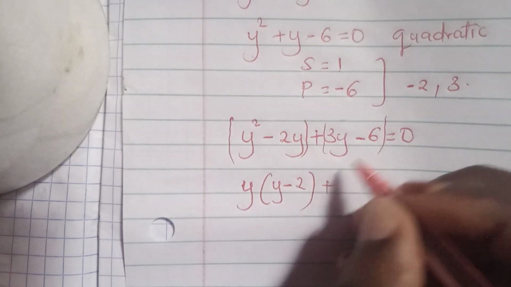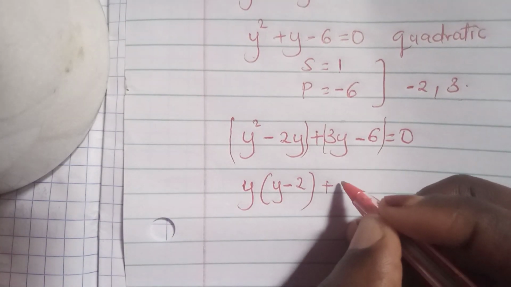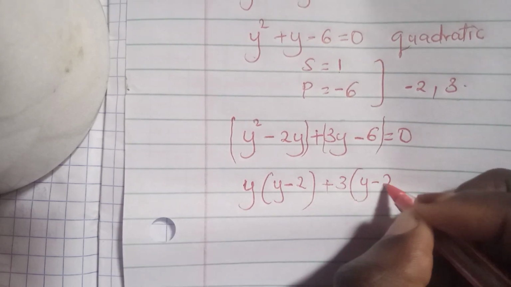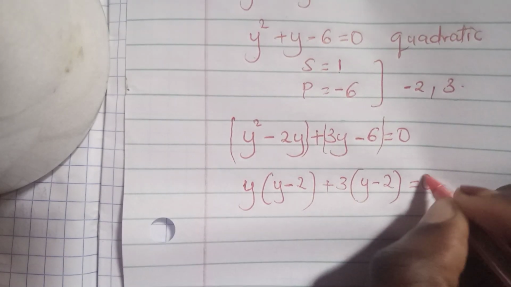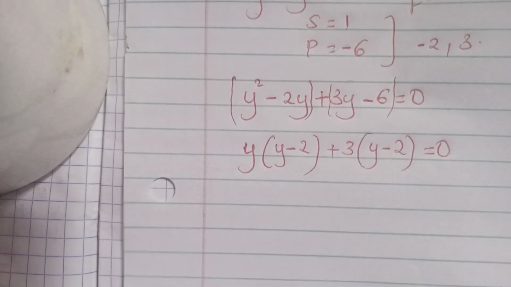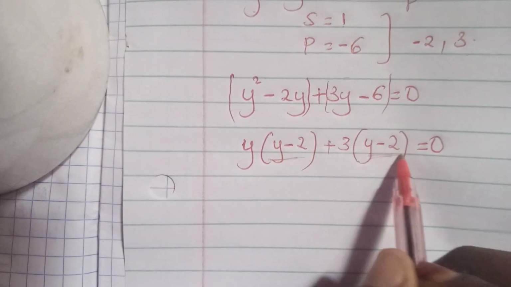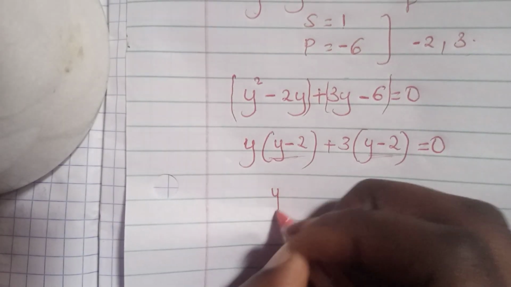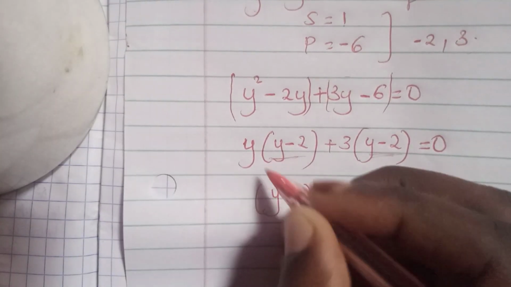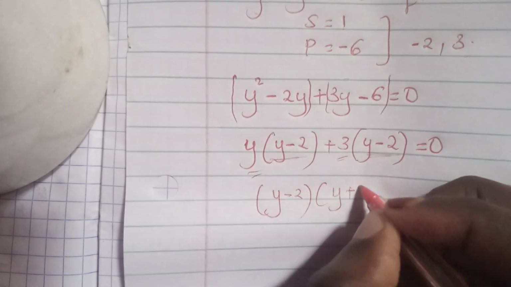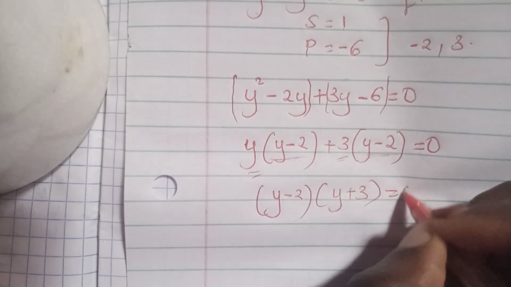And for this case, we are going to take 3 as our common factor, so this will be 3 into y minus 2 is equal to 0, okay? Now, y minus 2 is common. You can see it's the same. So we shall pick 1, y minus 2, and then pick what is left outside the bracket, y plus 3 is equal to 0.